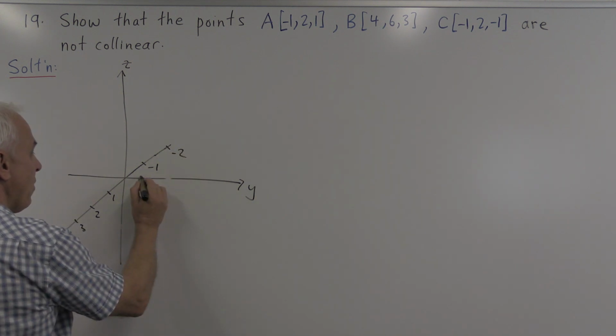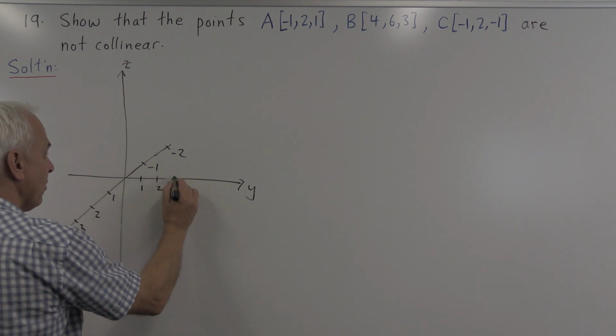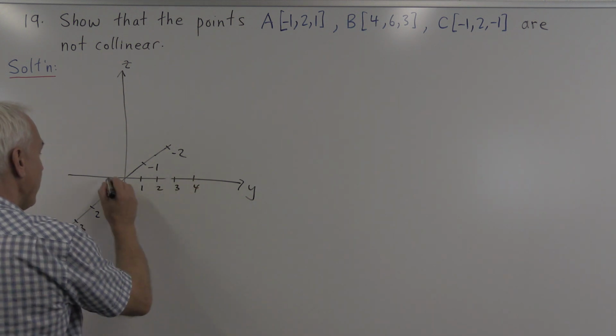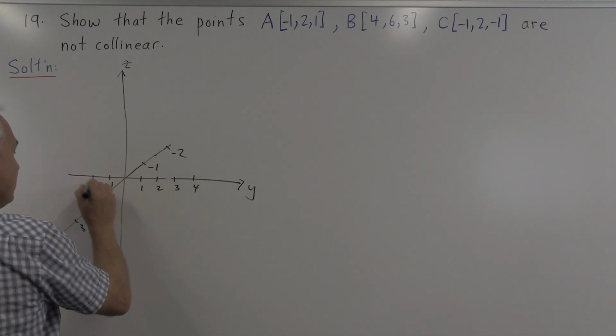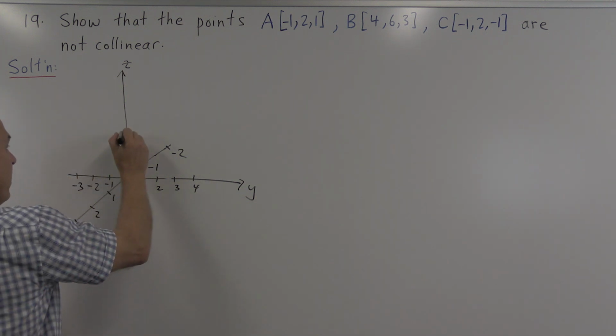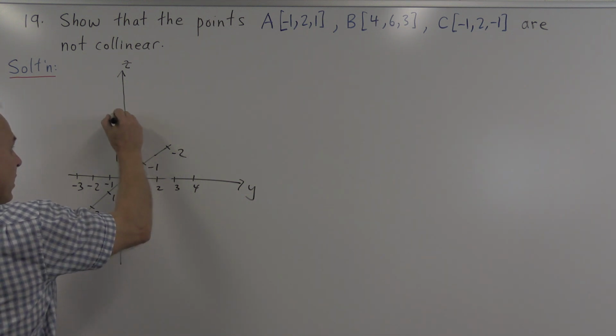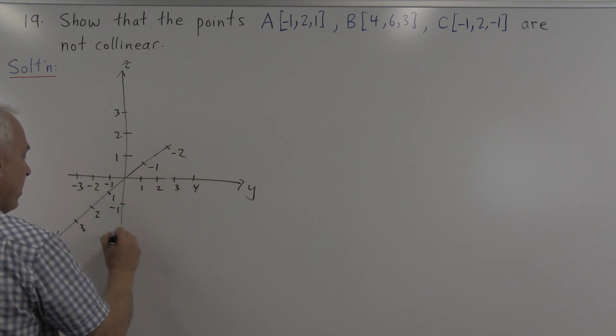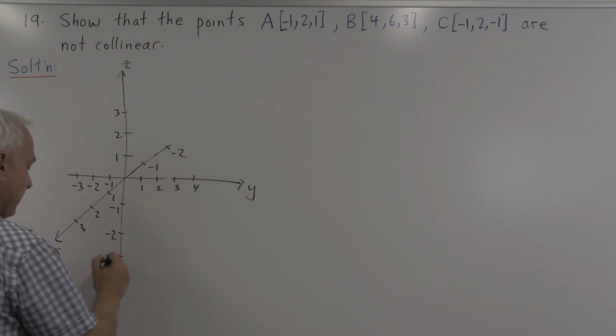And a scale in the Y direction, say 1, 2, 3, 4, -1, -2, -3. And in the Z direction, 1, 2, 3, -1, -2, -3.